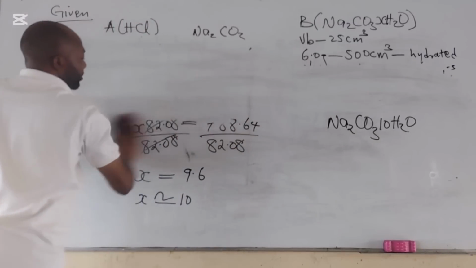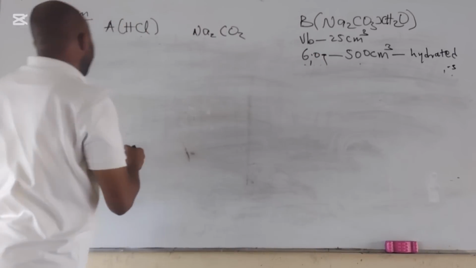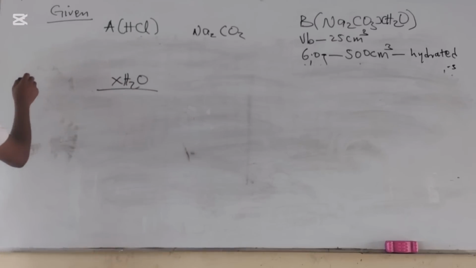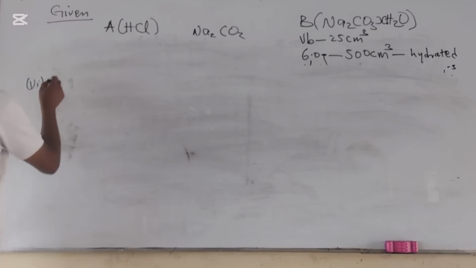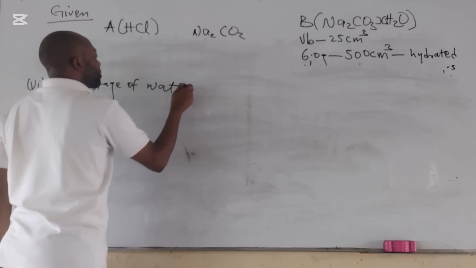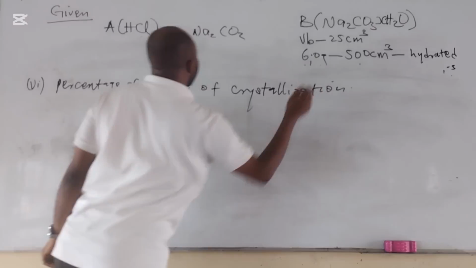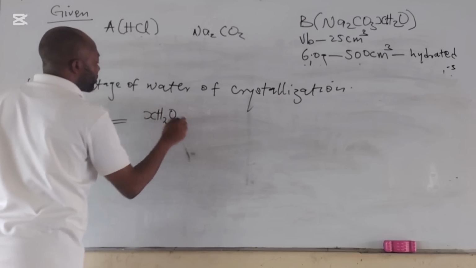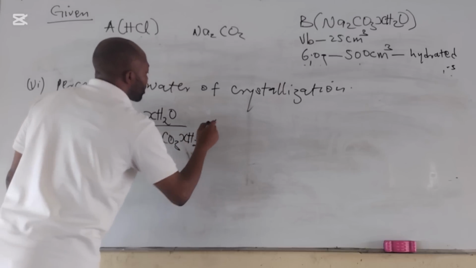Remember, we have x equal to 10. The percentage of water of crystallization will become x water over the whole compound, which is Na2CO3.xH2O, times 100.